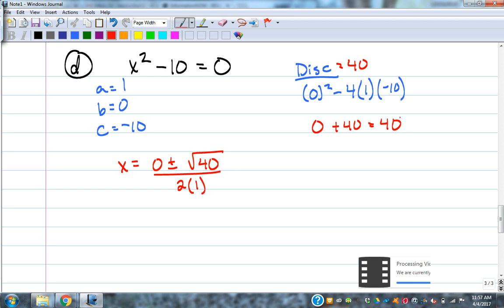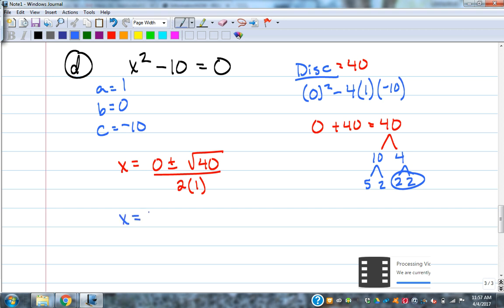We need to simplify this square root. So how do we simplify the square root of 40? Do the factor tree for 40. 10 and 4 is a good way to start. 5 and 2, 2 and 2. There's a pair of 2's. It's going to come out.